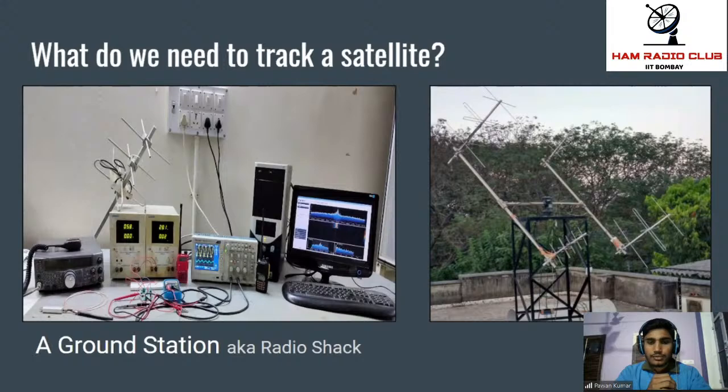In the right image, you can see the antenna, and we can rotate the antenna according to the satellite and the location of the satellite. On the left-hand side, you can see the image of the control room where all the hardware and the equipment are placed, and they are set up in special circuits, and this whole setup is called the ground station.